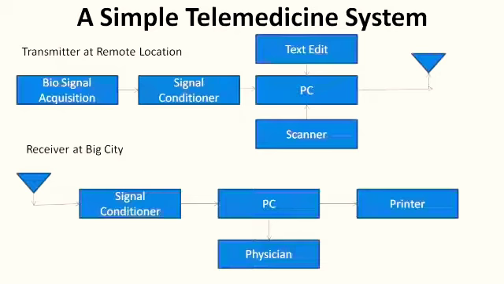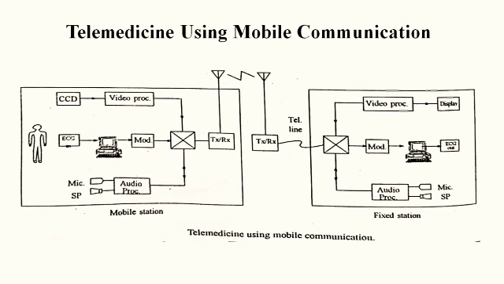On the receiver side, first a signal conditioner is there. Again, whatever analog signal is there is converted into a digital signal with the help of the signal conditioner, and if necessary some amplification is also done on those signals. Now those digital signals are given to the personal computer, where a physician or doctor can see all the physiological parameters sent by the patient from the transmitter section.